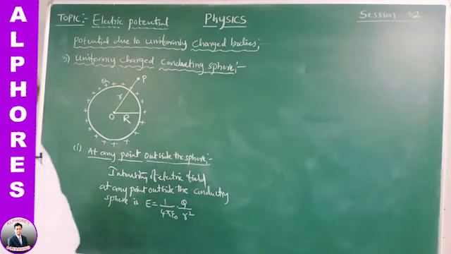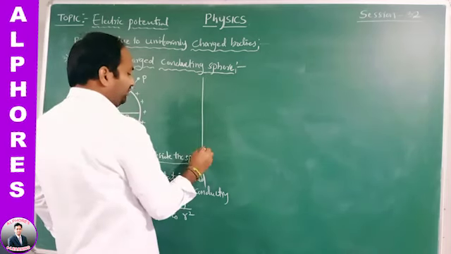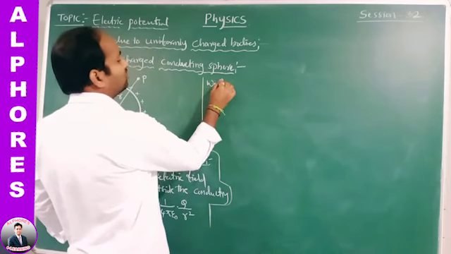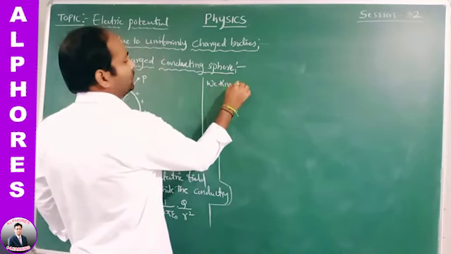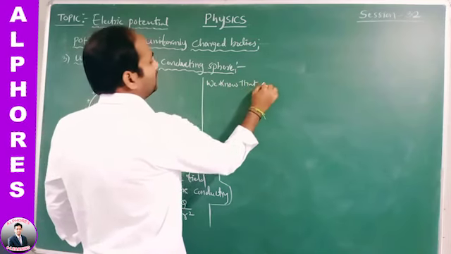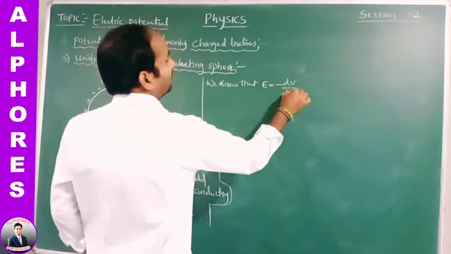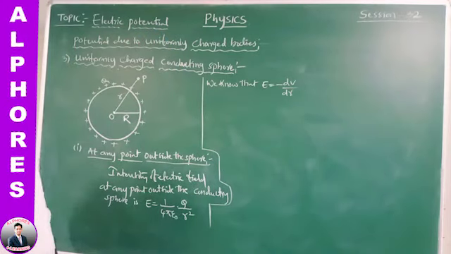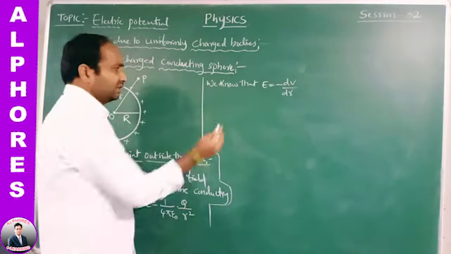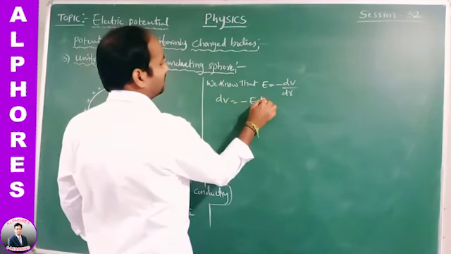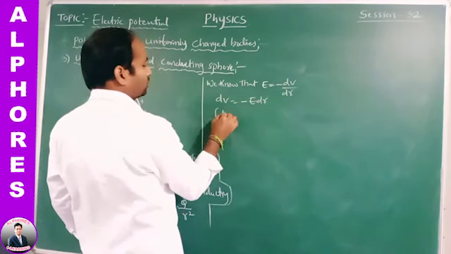But we need to find potential. And again, we know that E is equal to minus dV by dr. So dV is equal to minus E dr. Integrate on both sides.